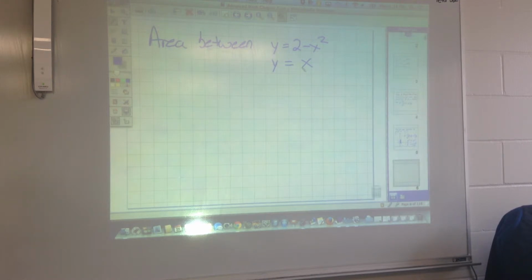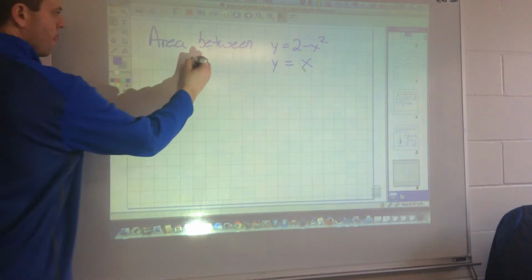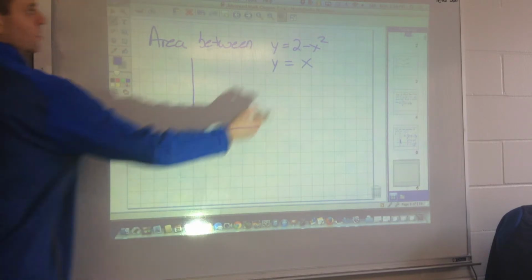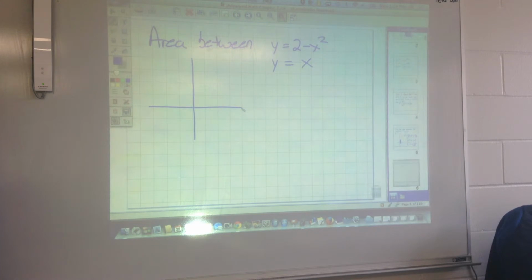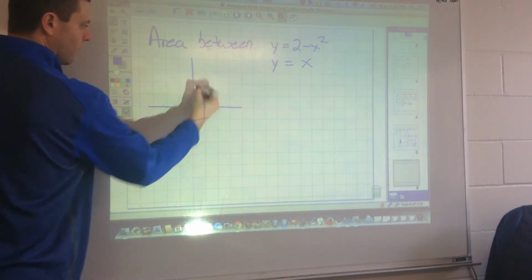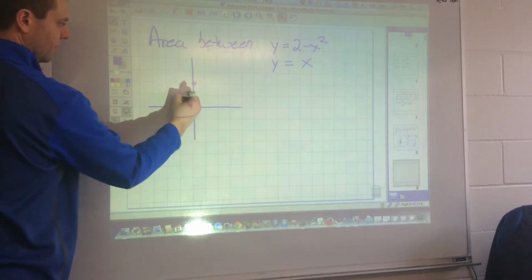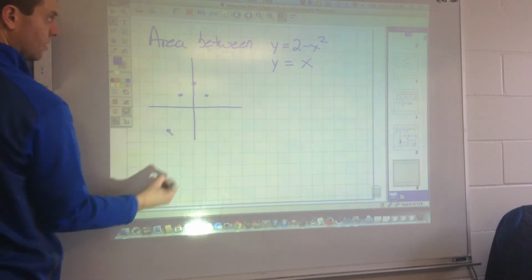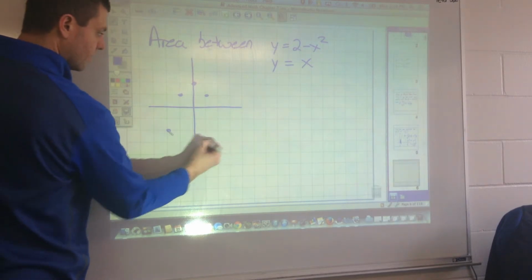That would be an upside down parabola, right? Yep. So 2 minus x squared is an upside down parabola that's been shifted up 2 units. If I want to get real picky, I go here, here, here, and here. This would be, I believe, down here, and yep, there.